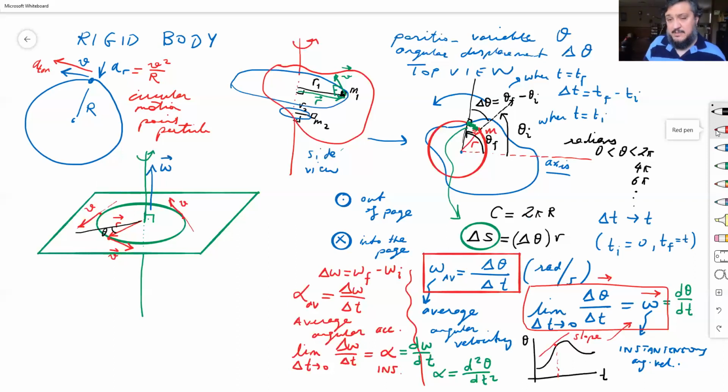But if I want to associate a direction to theta, I'm going to pick the vector theta up, pointing up like this. All right. So the direction is upward.